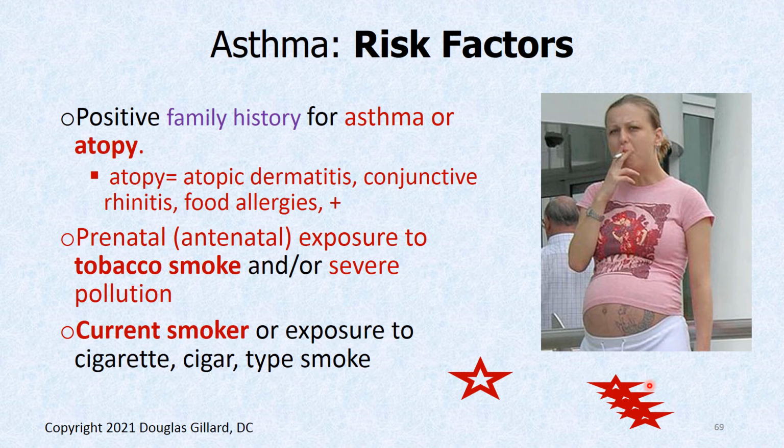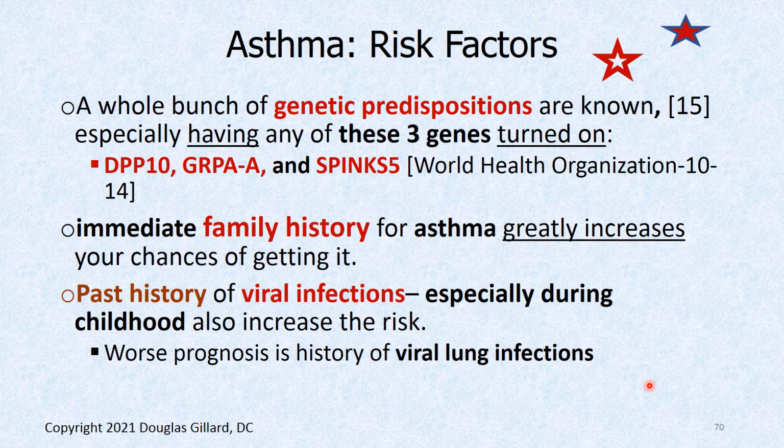Because it increases the risk for that child suffering a lifelong battle with asthma. And yep, severe pollution could do the same thing. And she's at risk for the development of asthma with the passage of time for smoking as well. So it affects your unborn and it affects you. It increases the risk for asthma.